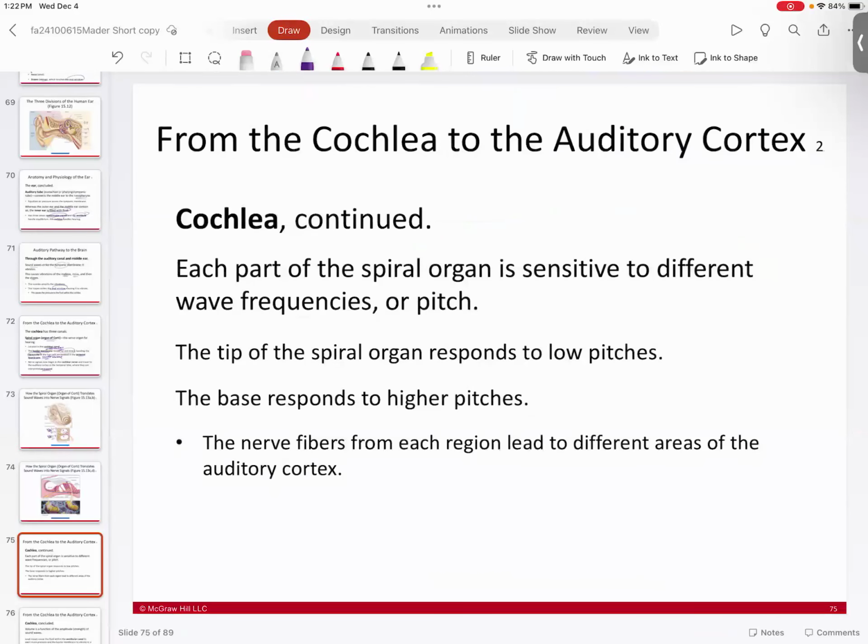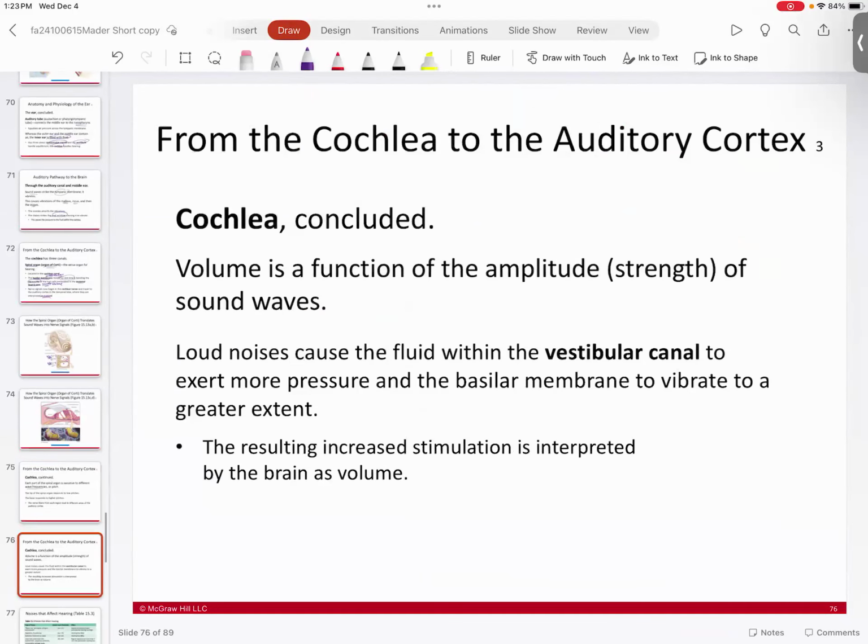Now here's the thing. How do you determine pitch? It's simple, because ultimately your spiral organ, what we just talked about, the snail, is going to be sensitive to different frequencies, and the different frequencies come from the different wavelengths.